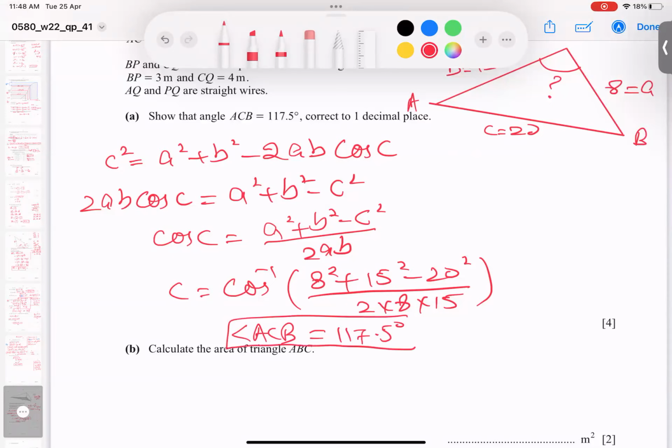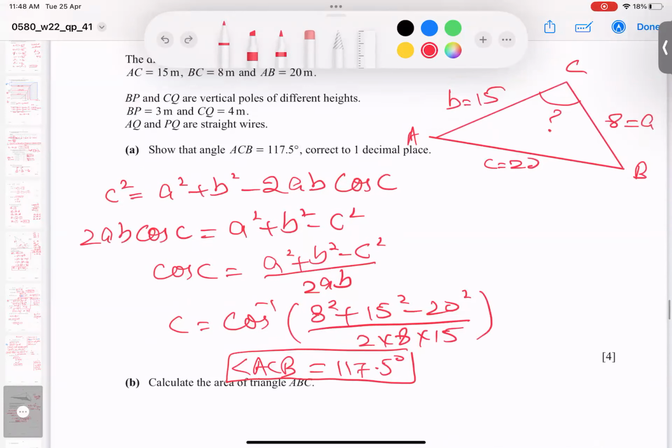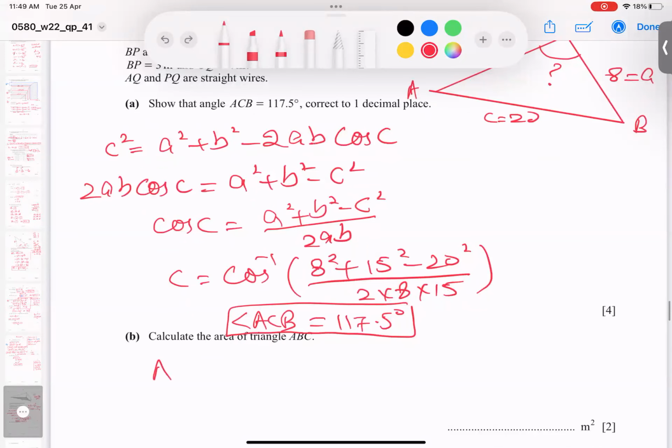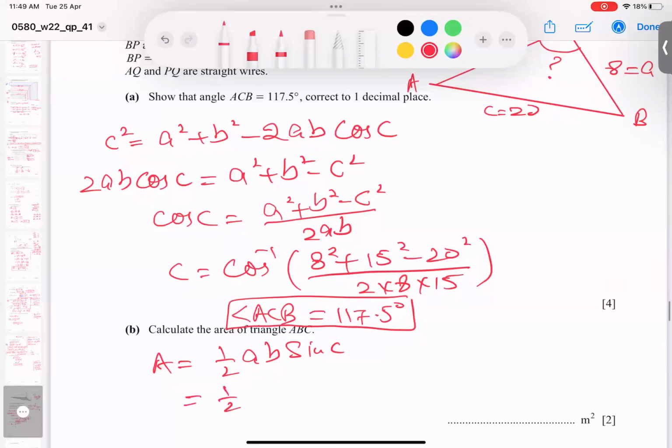I think the point is clear. Area of the triangle ABC: you have 2 sides and the middle angle given, so I'll use A, B, and C. The formula is area equals half AB sine C. A is 8, B is 15, and the sine of the angle between is 117.5.